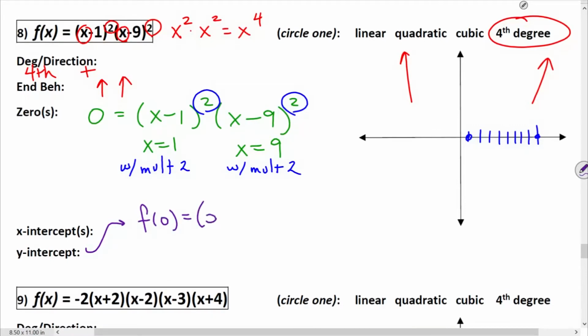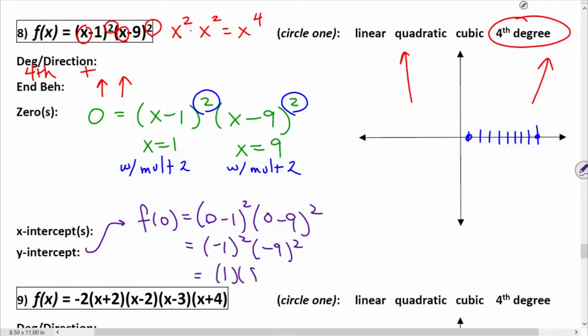So I have 0 minus 1 and 0 minus 9, and I get a y-intercept of 81. I'm not going to draw this to scale because that's really high up there, but I'll just pick a point up here and call this 81 because I said so.